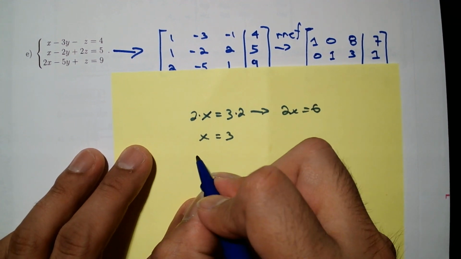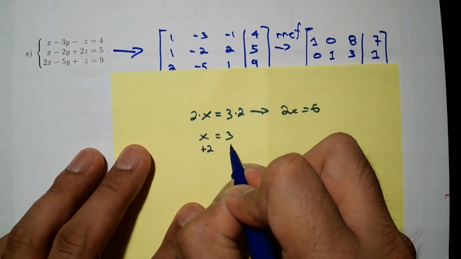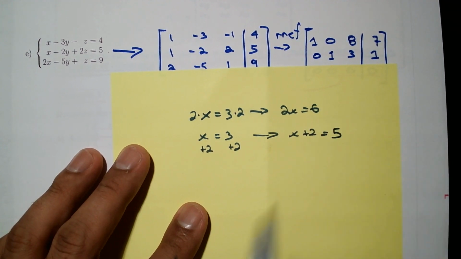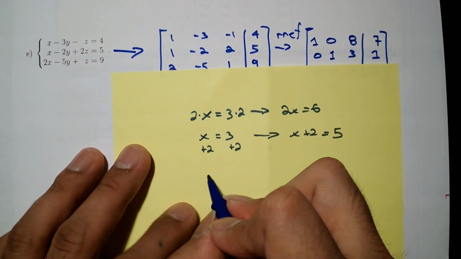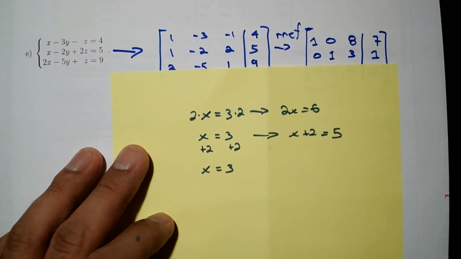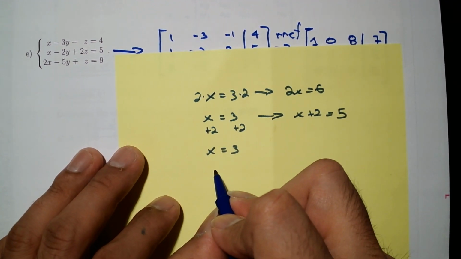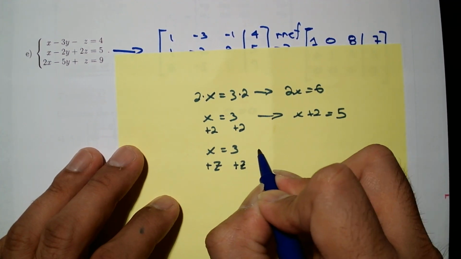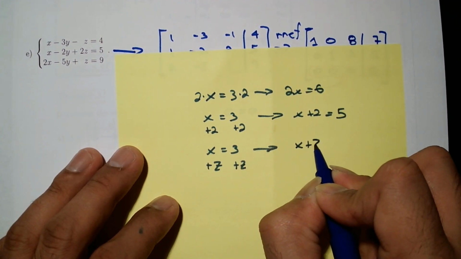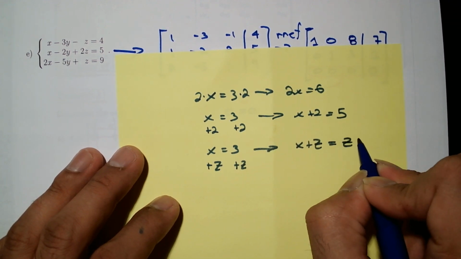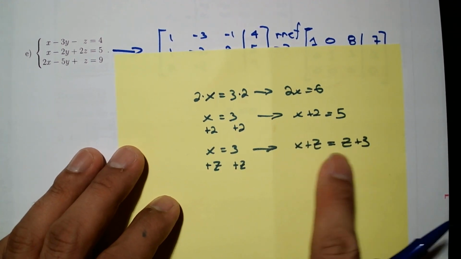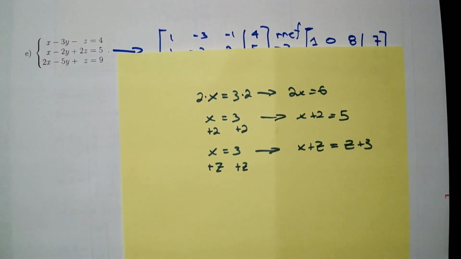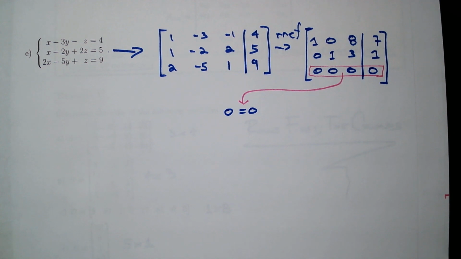For example, I'm going to add 2 to both sides to get x plus 2 equals 5. What if I add the letter z? I can add the letter z if I want. And that's going to read like x plus z equals z plus 3. Again, as long as you do this operation on both sides of the statement, it should be right.